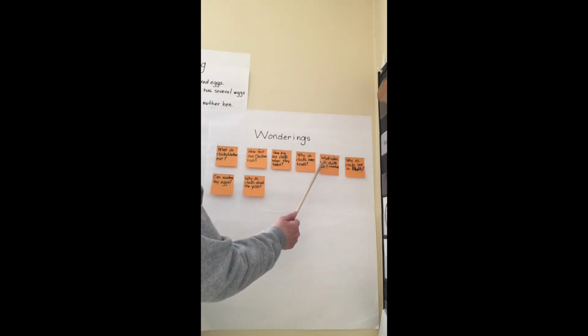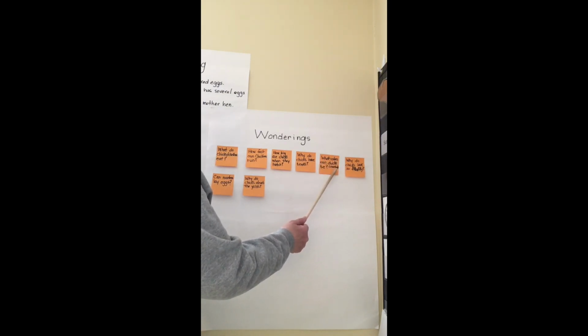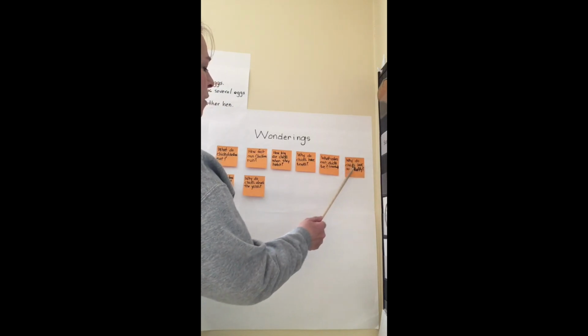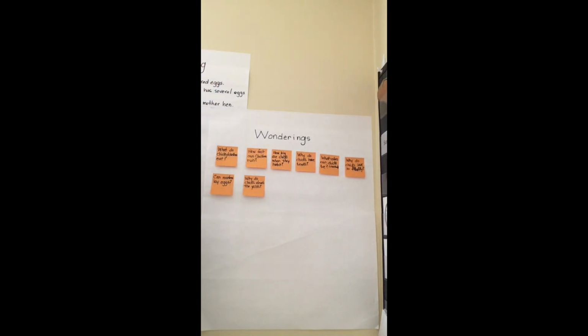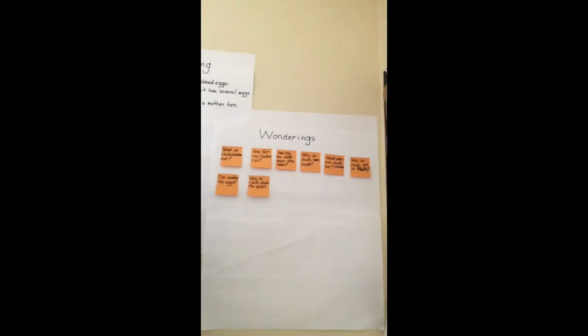What colors can chicks or chickens be? Why do chicks look so fluffy? I think I do know the answer to some of these. Can roosters lay eggs? Why do chicks absorb the yolks? Those are a lot of good questions.